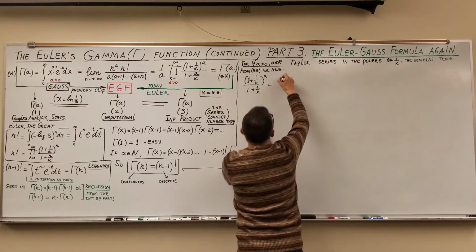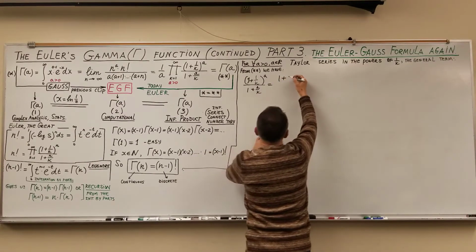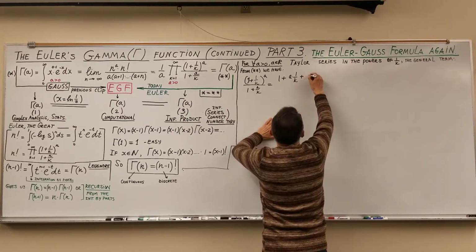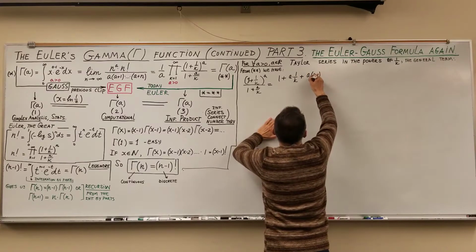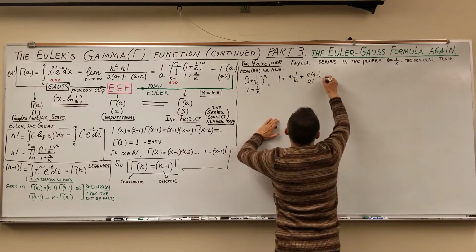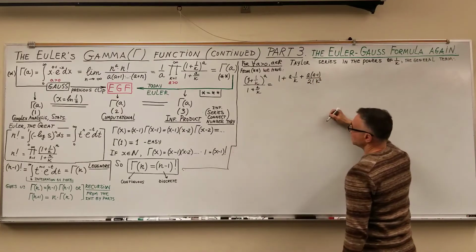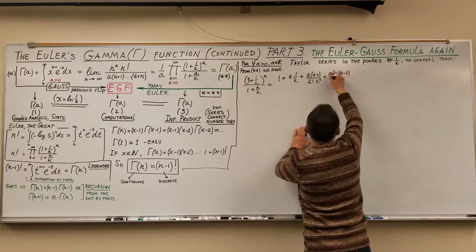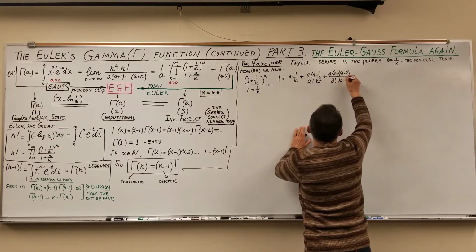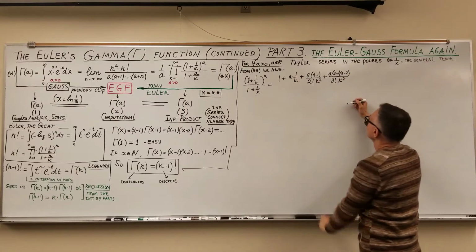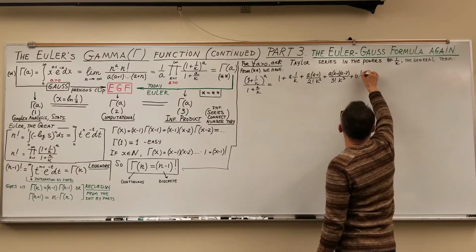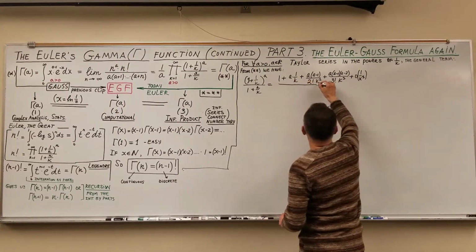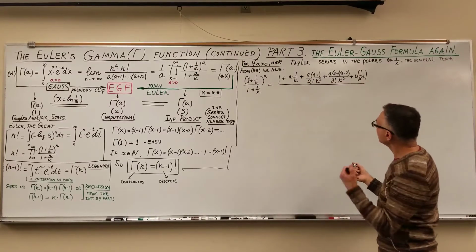Applying Taylor series, it will be just 1 plus a by 1 over k over 1 factorial, plus a by a minus 1 over 2 factorial, multiplied by 1 over k squared, plus a minus 1, a minus 2 over 3 factorial k cubed, and so on. So it's a little o of 1 over k cubed.